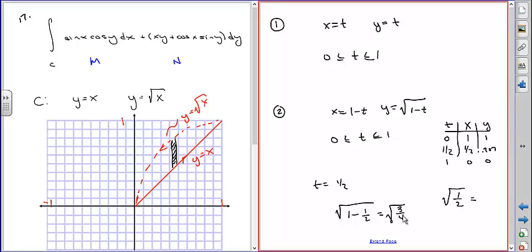Square root of 3/4. That's the square root of 3 over 2. So that doesn't seem to work either, right?